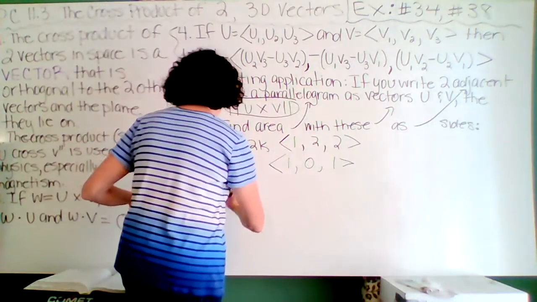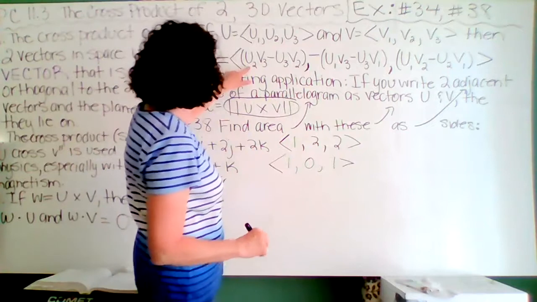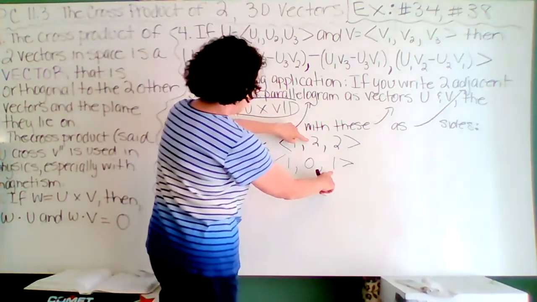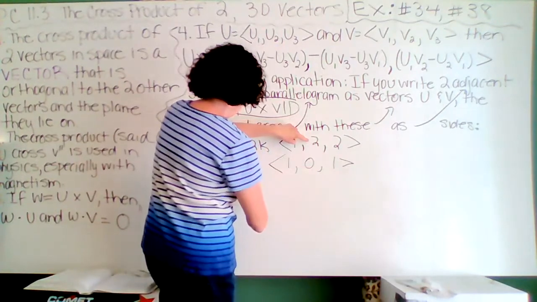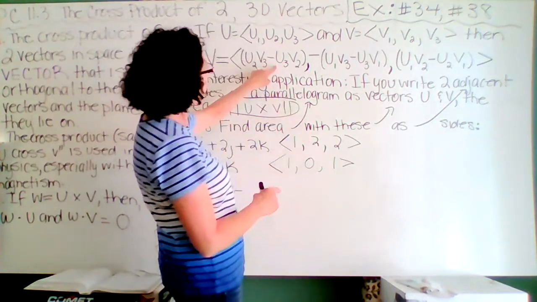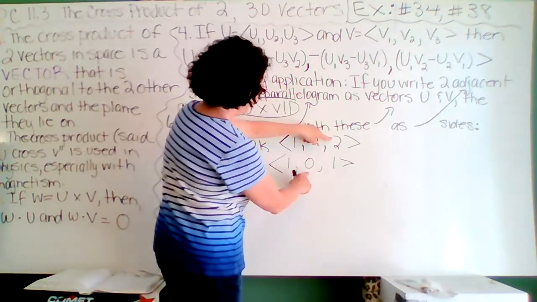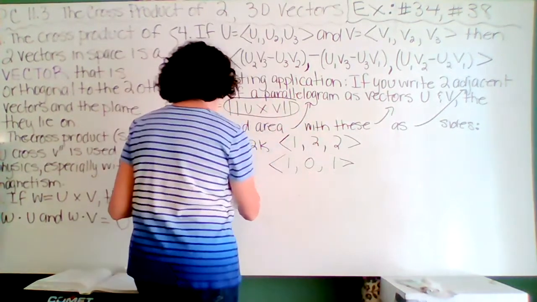Here we go. This would be u2 times v3. u2 and v3, 2 times 1 is 2, minus u3 v2. u3 v2 would be 0.